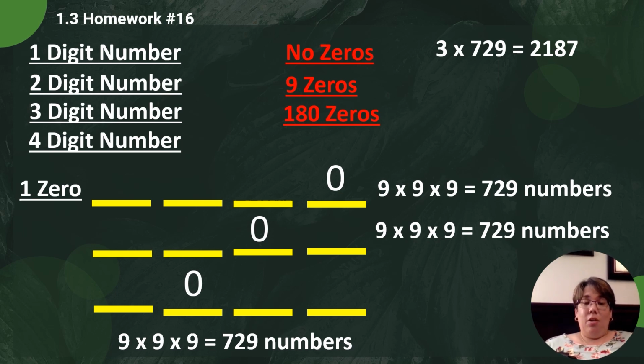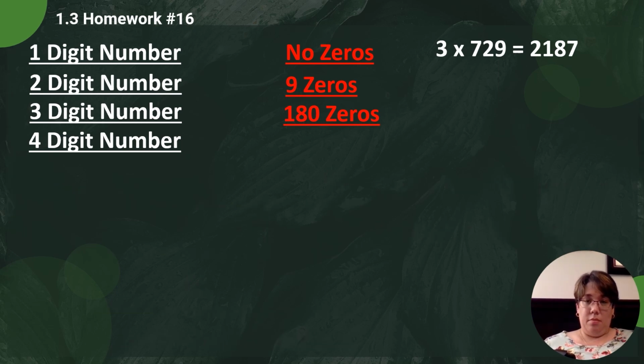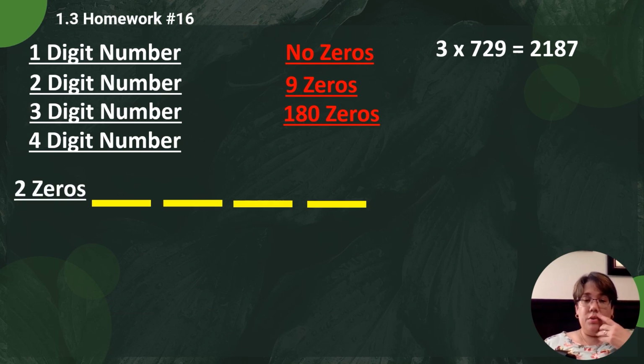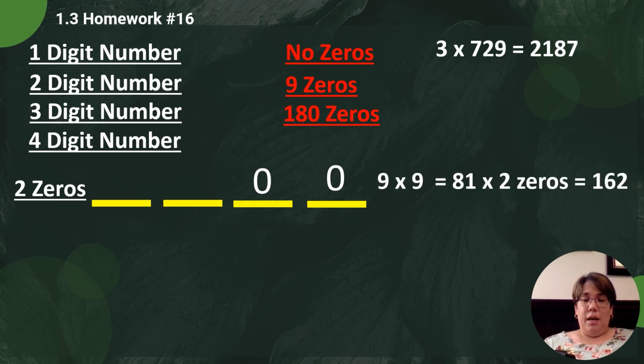Okay, now I'm going to look at 4-digit numbers that have 2 zeros in them. So I'm going to start out with 2 zeros at the end, then I can have 9 digits here, 9 digits here. So I'm going to have 9 times 9, 81, times 2 zeros would be 162.